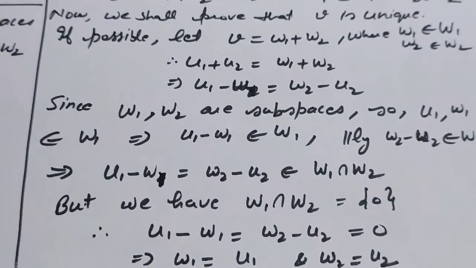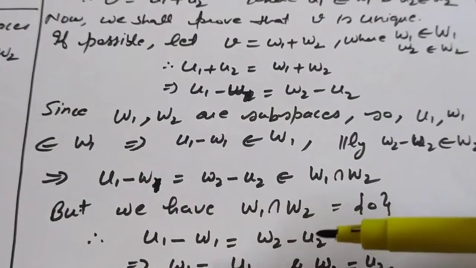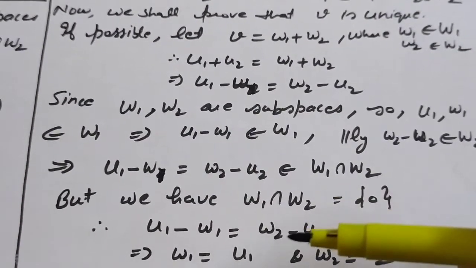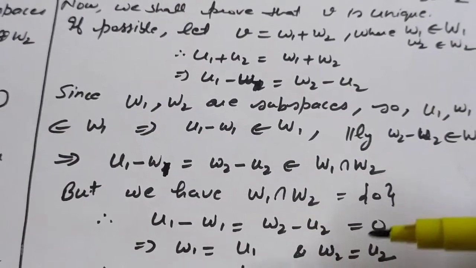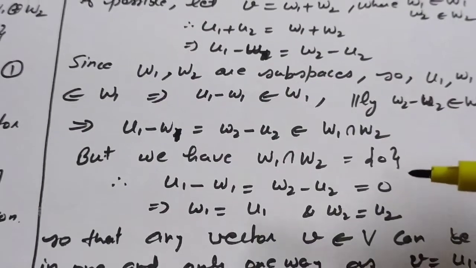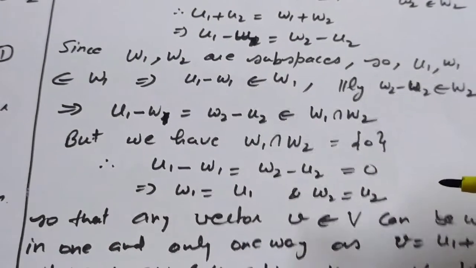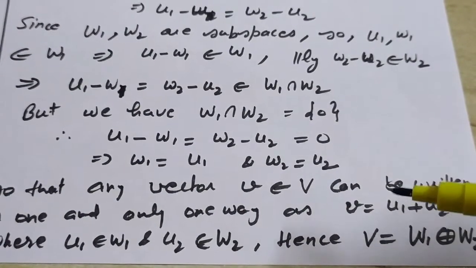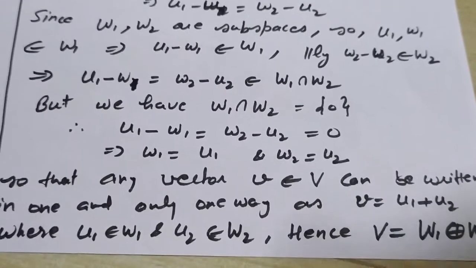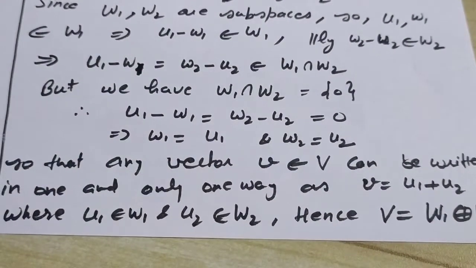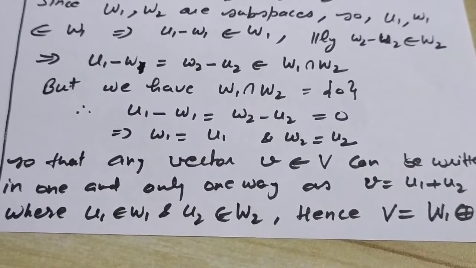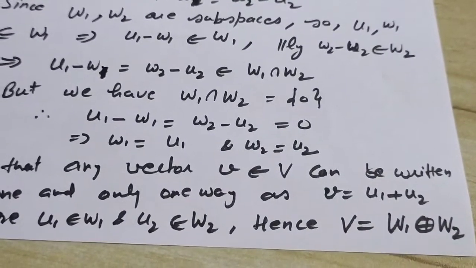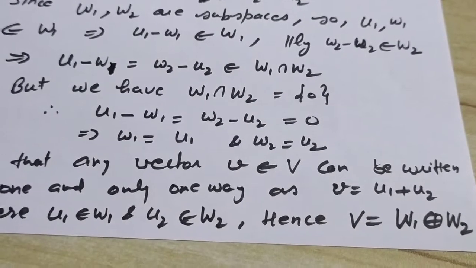Hence u1 minus w1 is equal to w2 minus u2, and this lies in both W1 and W2, so it is equal to 0. This implies w1 is equal to u1 and w2 is equal to u2. So any vector v belonging to V can be written in one and only one way, that is v equal to u1 plus u2, where u1 belongs to W1 and u2 belongs to W2. Hence V is the direct sum of W1 and W2.